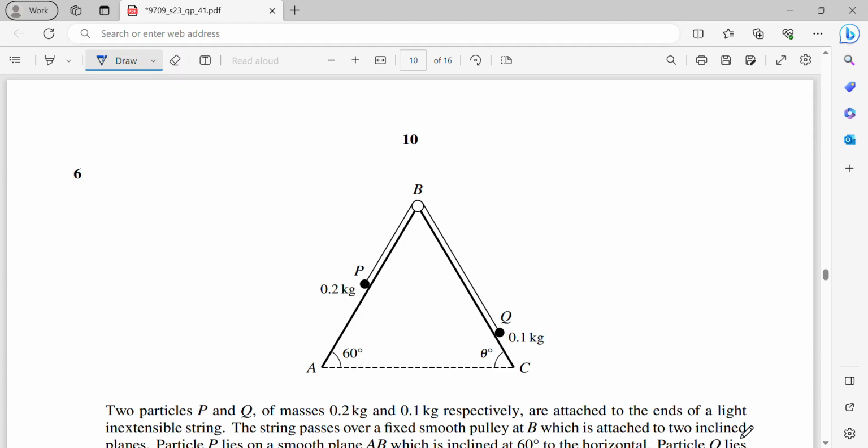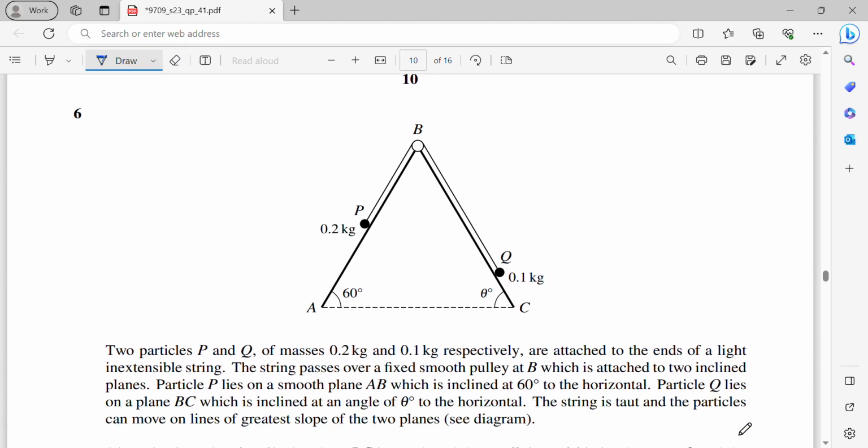Now question number 6. Two particles P and Q of masses 0.2 kilogram and 0.1 kilogram respectively, so you are given this diagram, are attached to the ends of a light inextensible string. The string passes over a smooth pulley at B, which is attached to two inclined planes.